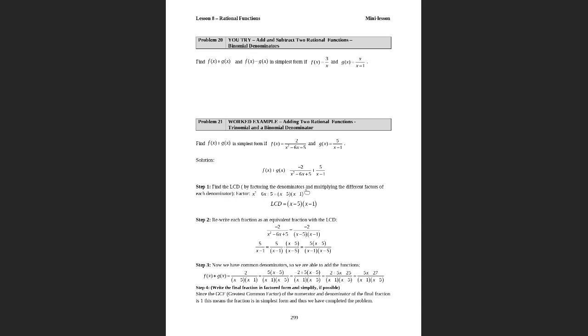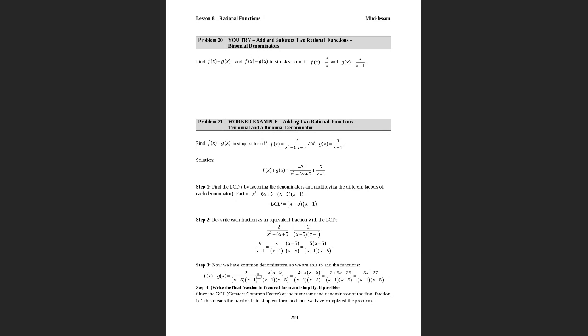So the first can stay the same, and you only multiply the second by x minus 5. So we multiply the top and bottom by x minus 5. Why? So that we get the same denominator as the other one. That gives us this.